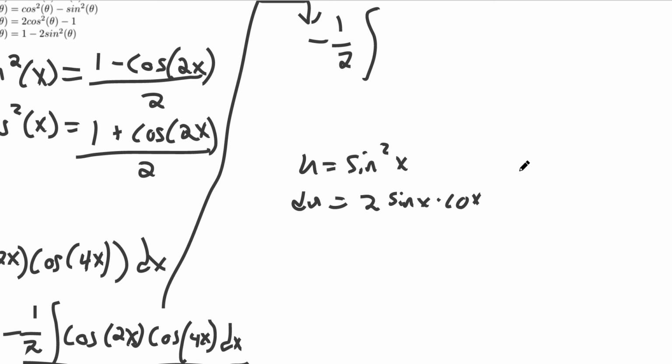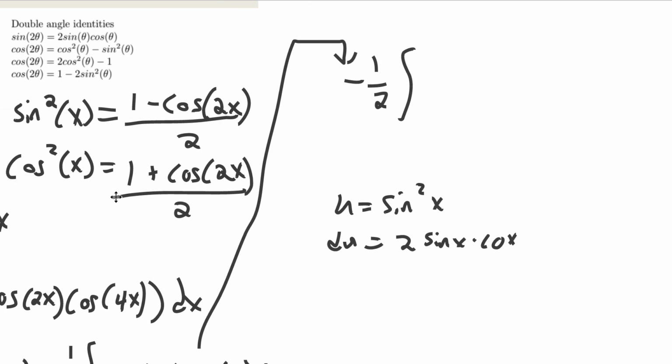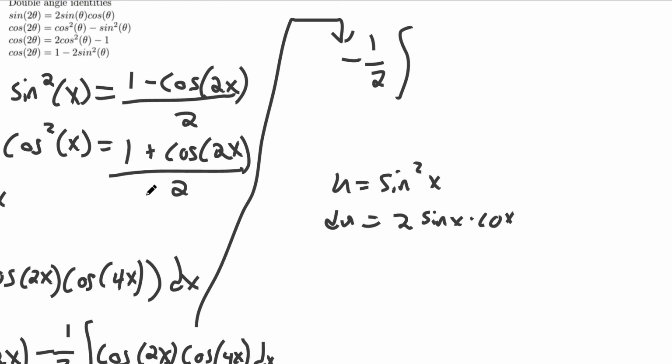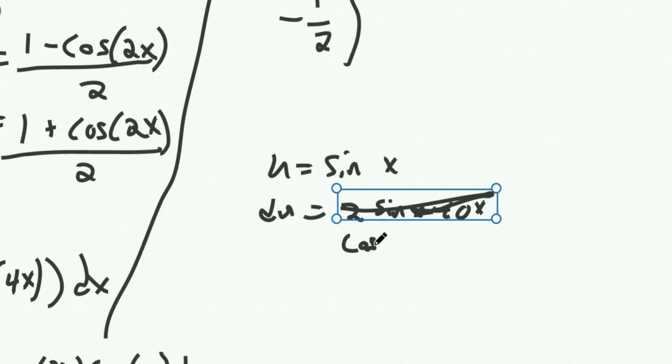Oh, except I think the one we need is, so instead of letting u be sine squared x, let's let u be sine of x, and then du is much simpler. That's just cosine of x. Because we can get that here, we can use one of our double angle identities to reduce that to have 2x in the argument.